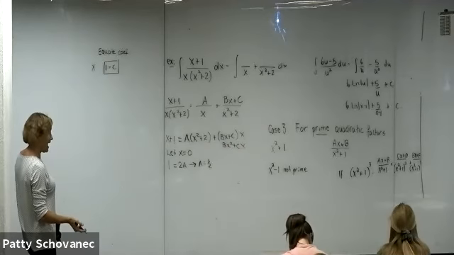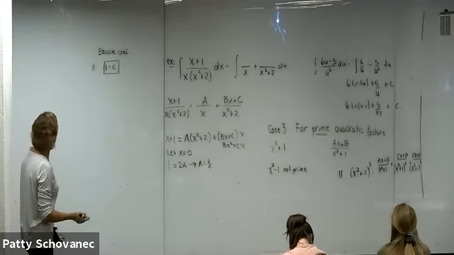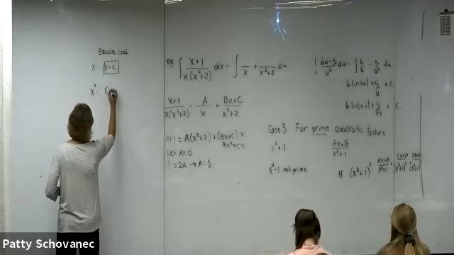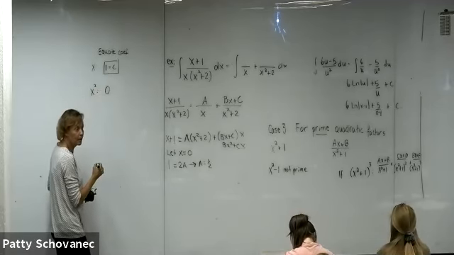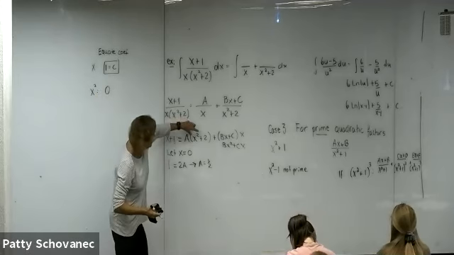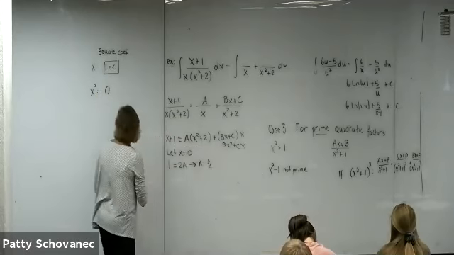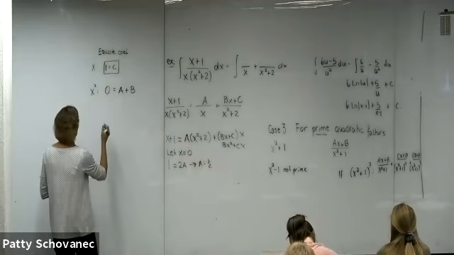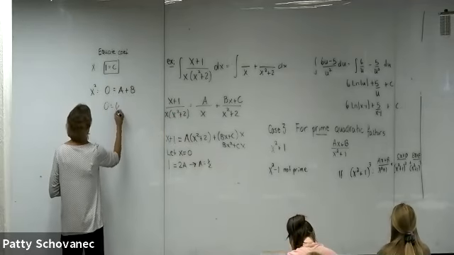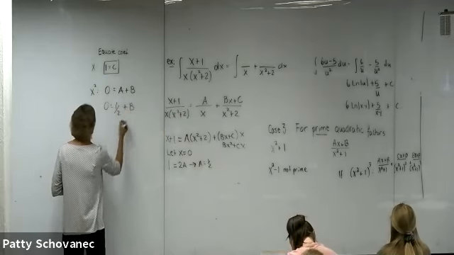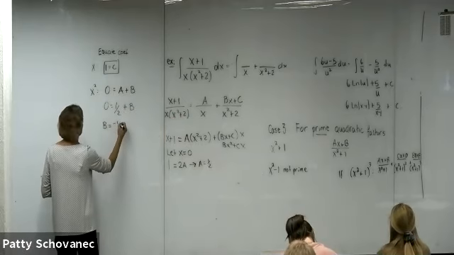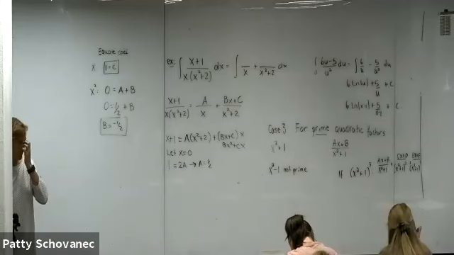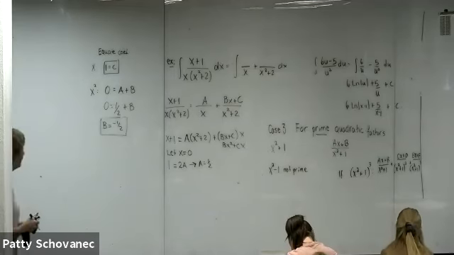We have a, b is going to be the only other x squared. There's no x squareds on the left side, so that coefficient is 0. On the right side, we'll have a plus b. And we already have a. A is 1/2. So b has to be negative 1/2. Agreed? Did I lose anybody on that?